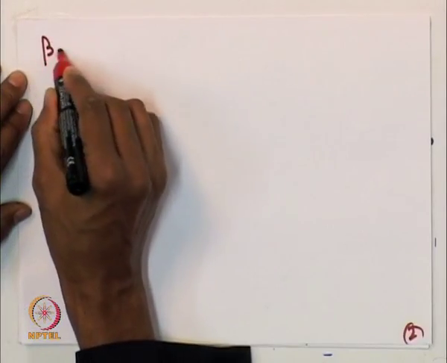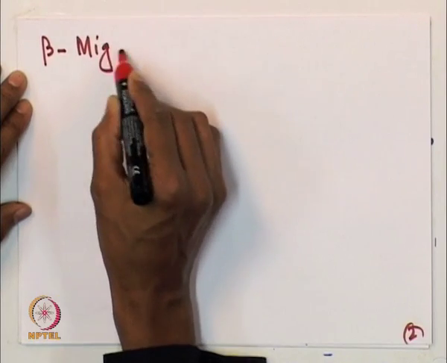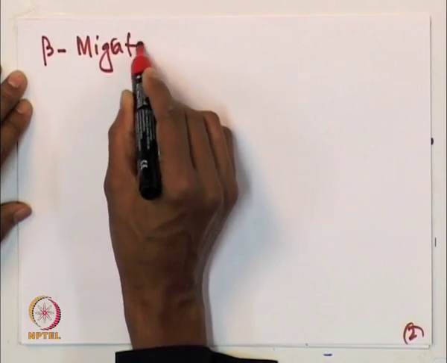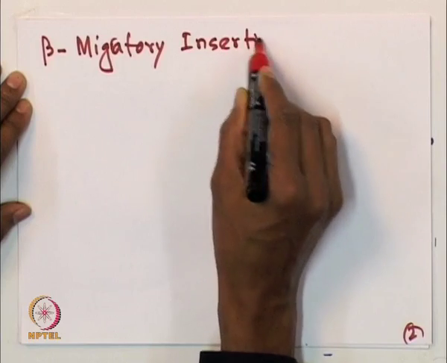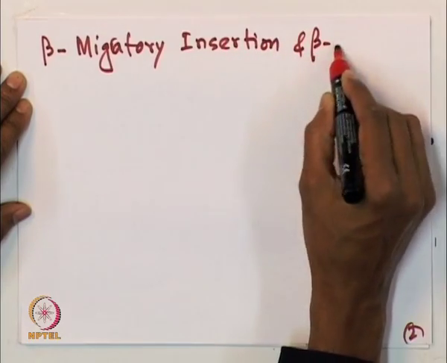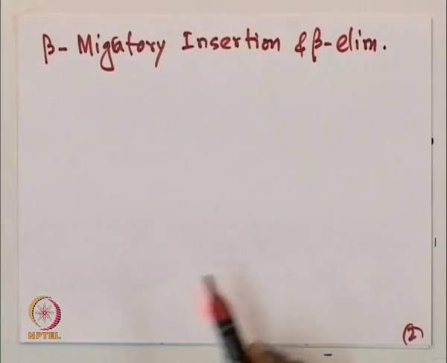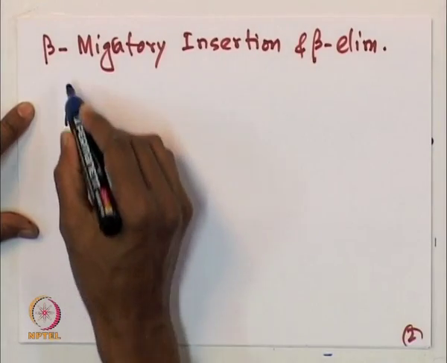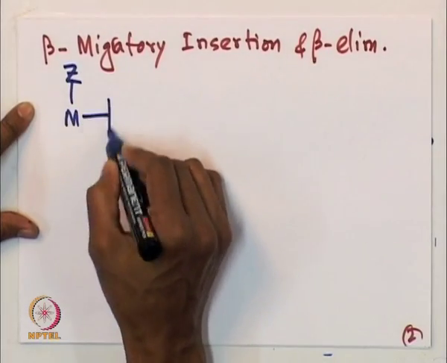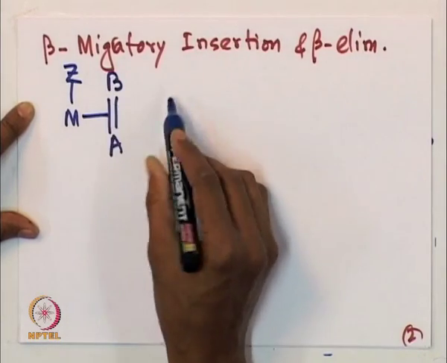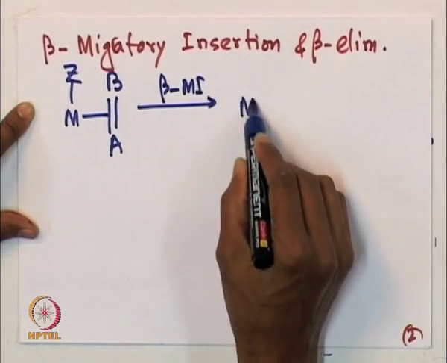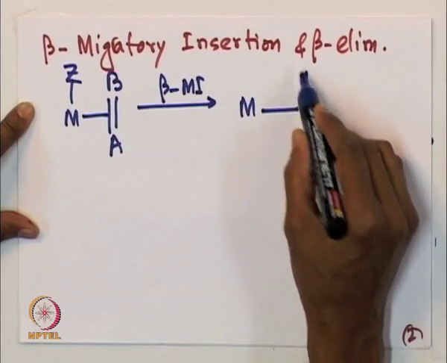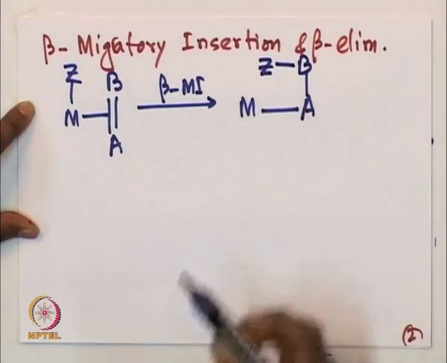So, we are trying to see one generic formula of beta migratory insertion and beta elimination. Now, we have a species, once again a metal species, M-Z, and we have A=D, let us say an olefin. Beta migratory insertion would be something where the M-A-D-Z species is formed.